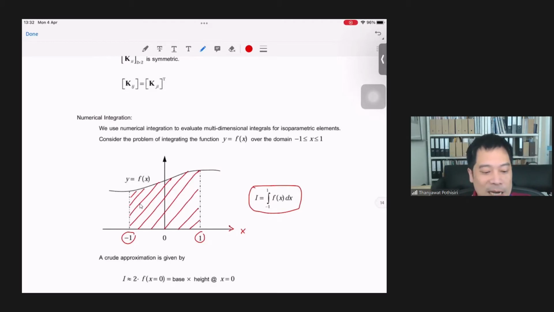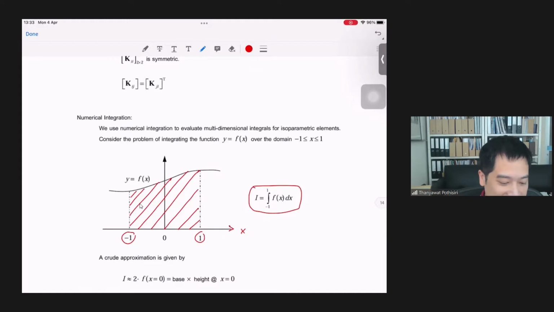Okay, so now if you don't want to compute this analytically, meaning that you want to approximate this area instead of having to compute this analytically, but you just need to obtain this area by using some kind of approximation. You can do so by doing several different schemes, right?